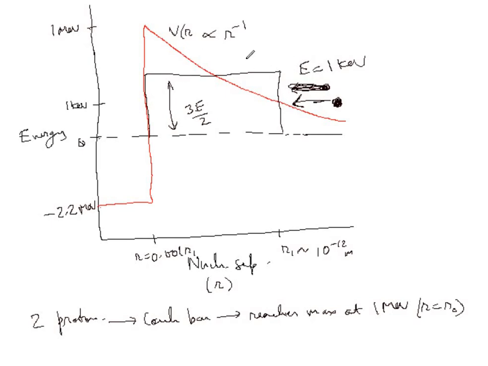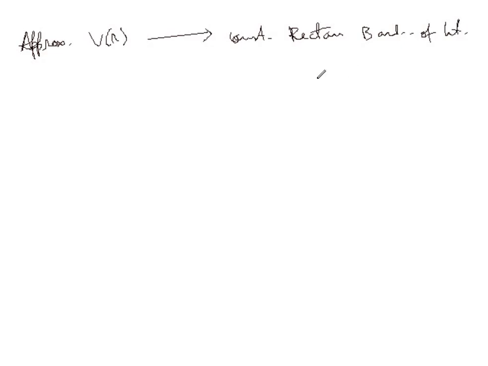We are approximating V(r) with a constant rectangular barrier of this height, 3 by 2 E. So this is the rectangular barrier height.